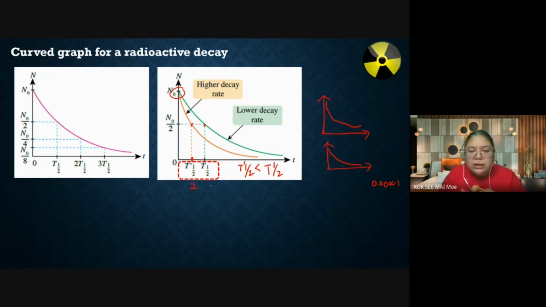Maybe this one is 2, this one is 4. That means the green one takes 4 seconds to become half, while the orange color takes 2 seconds to become half. So which one decays faster? Sure, it's the orange. 2 seconds already becomes half. The green color is 4 seconds, only then does it become half. So the green color takes a longer time to decay.